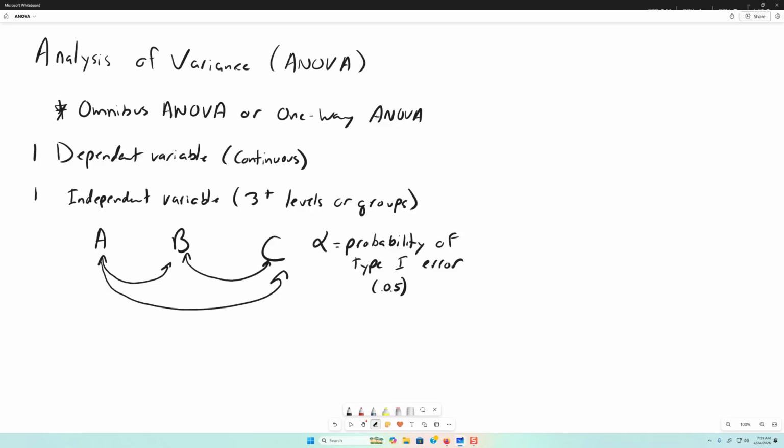So this increases, and then we have to look at something called family-wise error rate. So the family-wise error rate goes up as the number of comparisons increases.